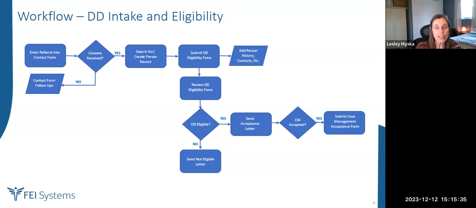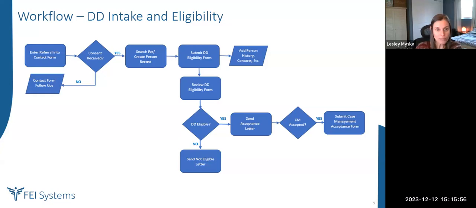And then once the consent is received to complete the intake and eligibility assessment, you as an eligibility coordinator, or again, your supervisor, would do a search in the system to see if the person already exists, or create a new person record.